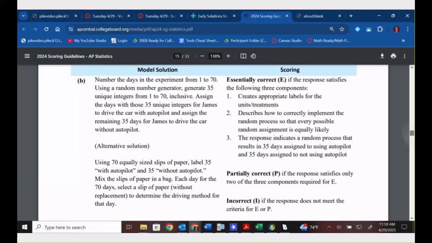So flipping a coin is a great random process, but it doesn't always work because it doesn't always guarantee an equal number in each of the two groups. So even if they have context, it'll still be wrong because they flipped the coin? So if they talked about labeling the units and they described using a random process, they could still get a P but not an E.